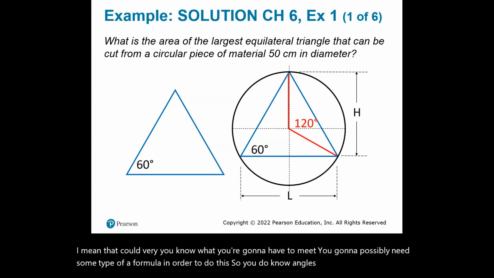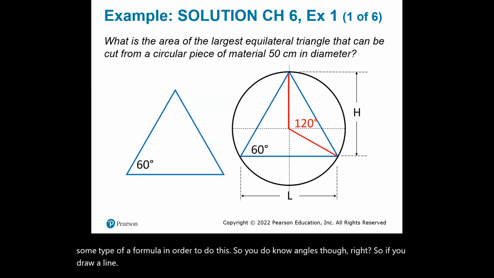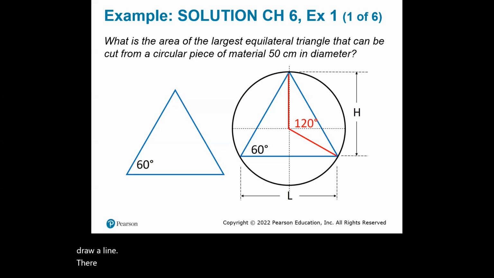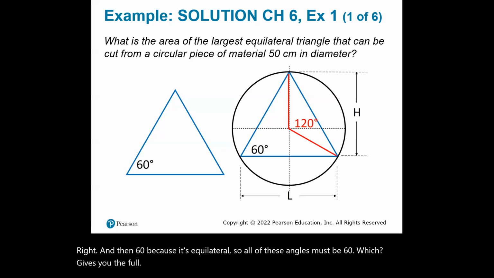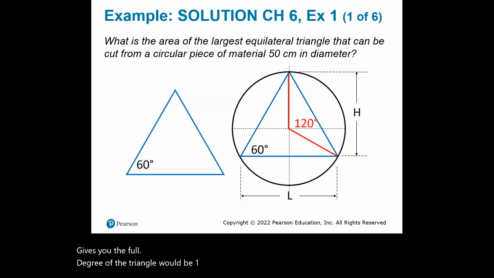So if you draw a line there, and then at the bottom, it's a 60, right? And then 60 because it's equilateral. So all of these angles must be 60, which gives you the full degree of the triangle to be 180, right? 180.